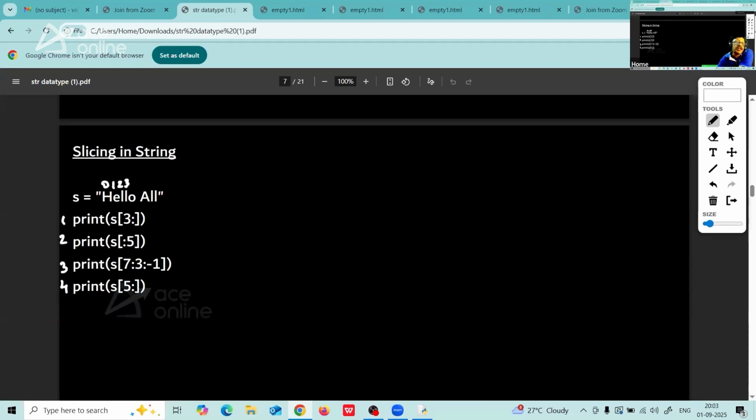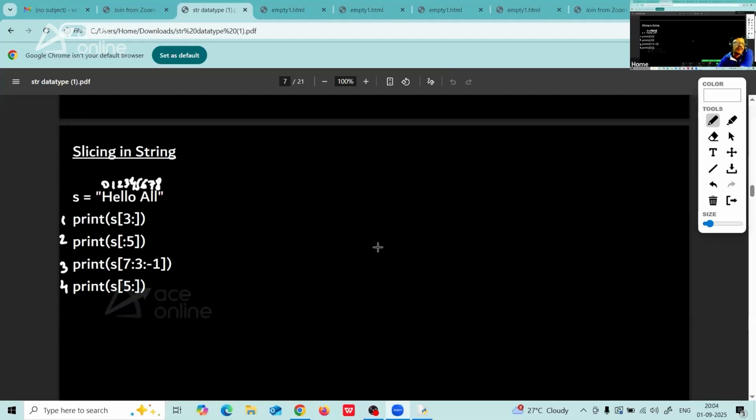So, 2 is first L, 3 is second L, 4, 5, then A, capital A is 6, then the 2 L's are 7 and 8. Although it is very messy over there, I hope you will manage it. Okay. So, I'm waiting on the chat for all the 4 answers, and that will really settle our discussion on slicing.